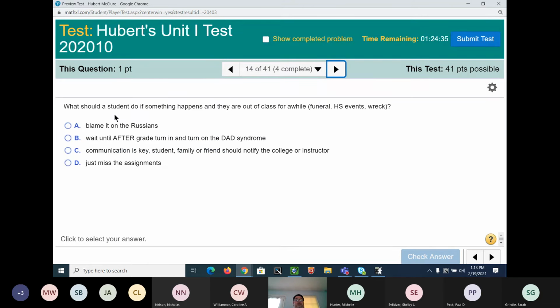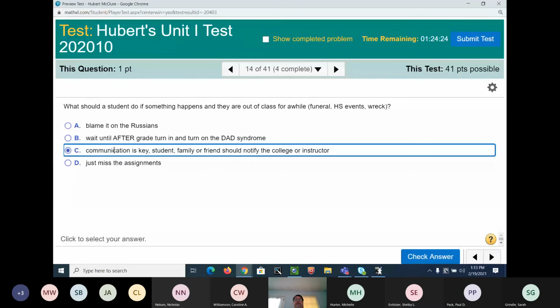What should a student do if something happens during the semester and they are out of class for a while? Do what students do. Wait until after grade turn-in to tell your teacher that you had to go on a cruise and you missed the 3rd unit test. But you didn't tell me until 2 weeks after grade turn-in when you found your A had turned into a C. And here comes helicopter mom, not talking to me, but goes to my department head.